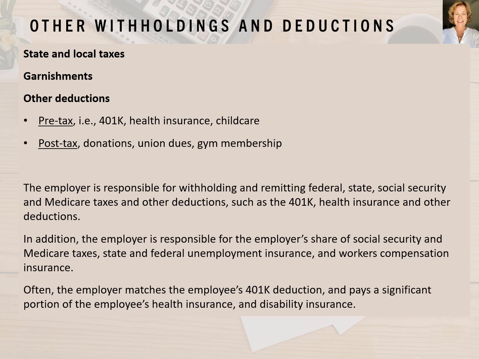The employer is responsible for withholding and remitting federal, state, Social Security, and Medicare taxes, and other deductions such as 401k, health insurance, and other deductions. Non-compliance can result in significant penalties.